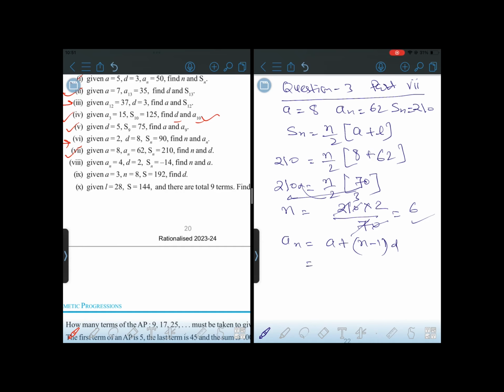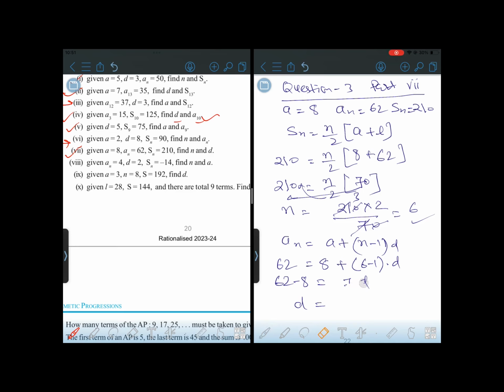The value of an is given as 62. The value of a is given as 8. N is how much? N is 6 minus 1 into d. So now this becomes 54 minus 8 is equal to 7d. So d is equal to how much?